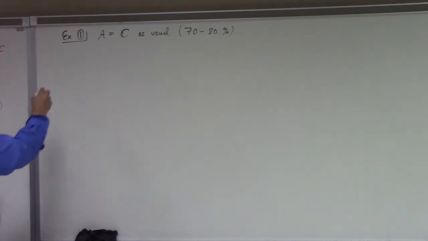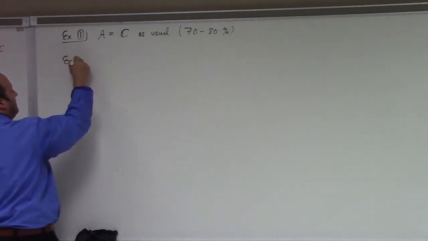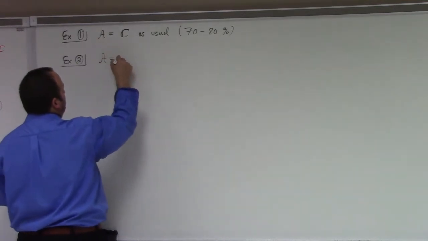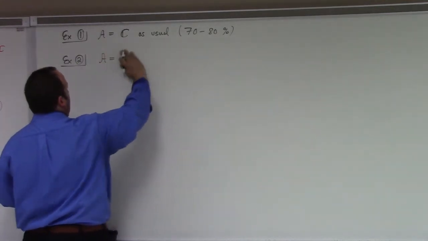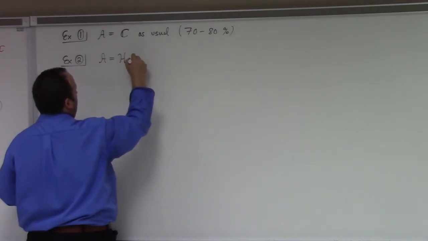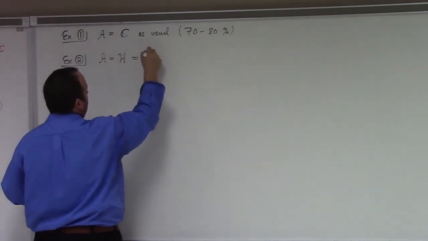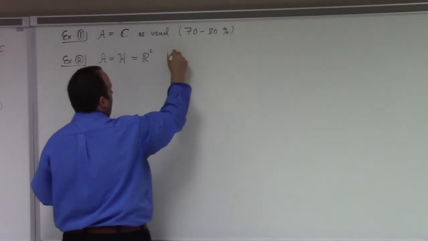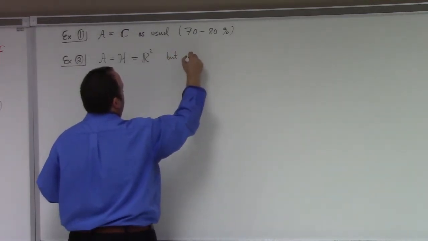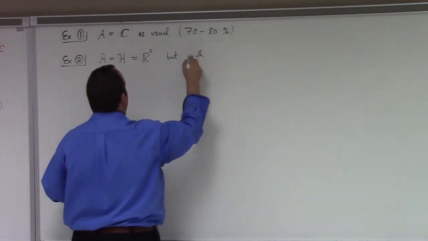The second example would be A equals, well, I call it H, and this is, as a point set, R2, but with the following.